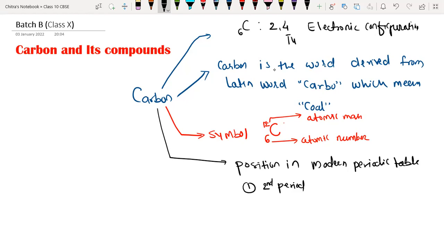We know the group number represents the number of electrons in the outermost shell, so it belongs to the 14th group or 4th group, but the 4th group belongs to the d-block elements. That's why it belongs to the 14th group. So I'm writing here second in period and 14th in group.